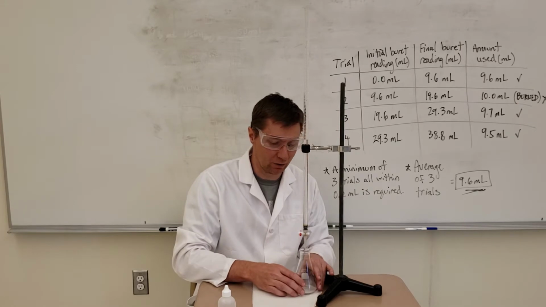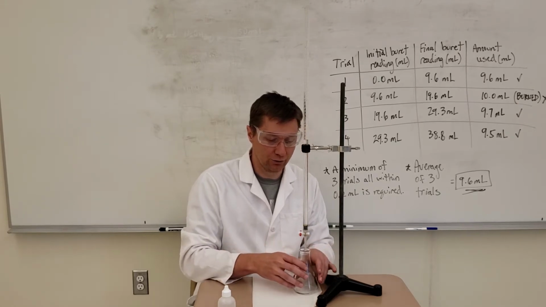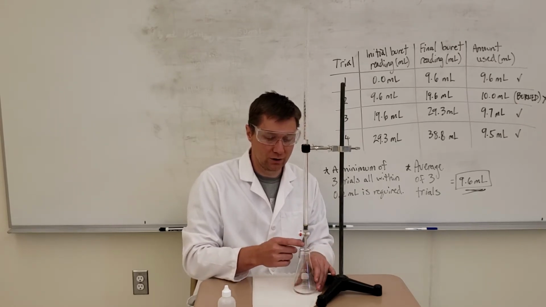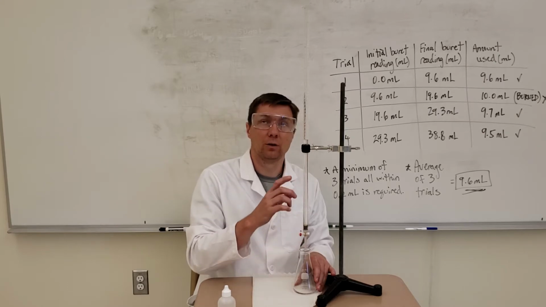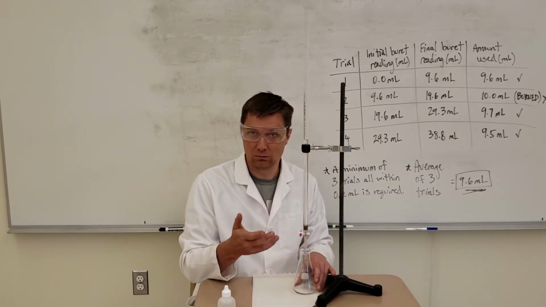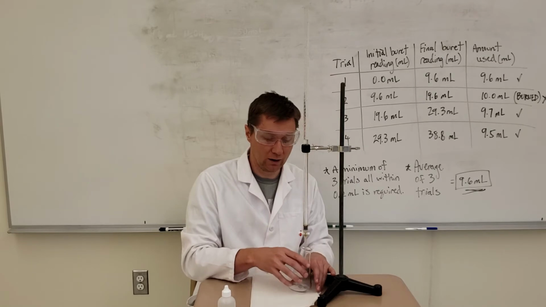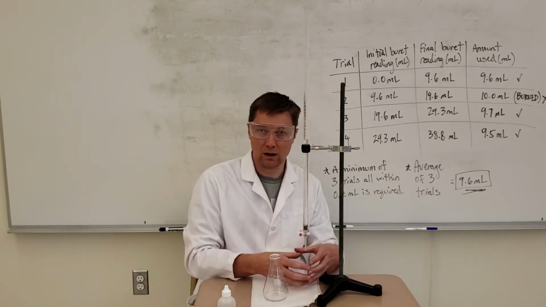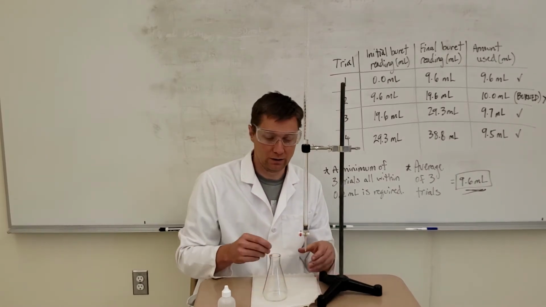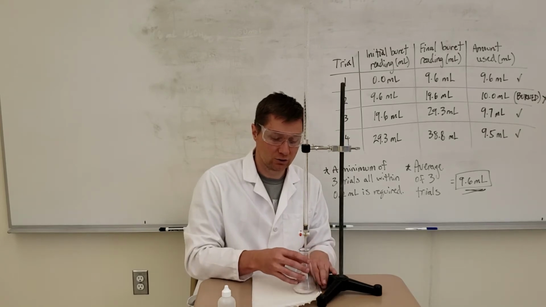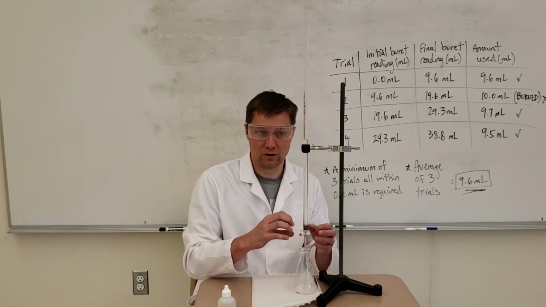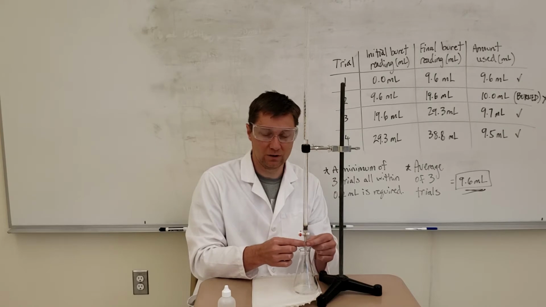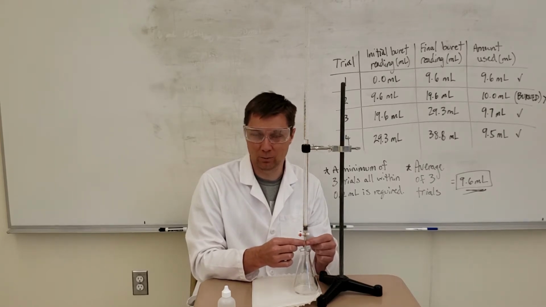Now before we get started, what you want to make sure that you do is make sure that the tip of the burette is full, okay? And normally you would empty that out into a small beaker underneath, because when you start to add volume, the tip of the burette needs to be full.